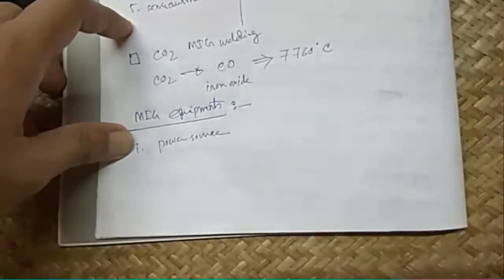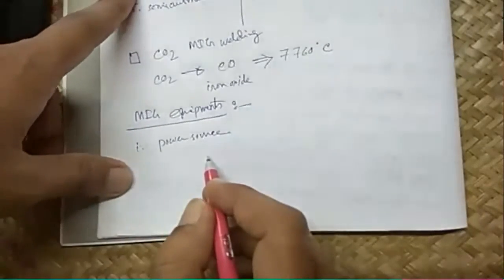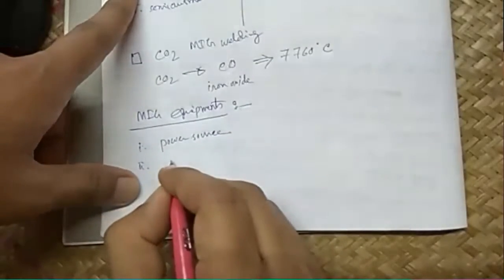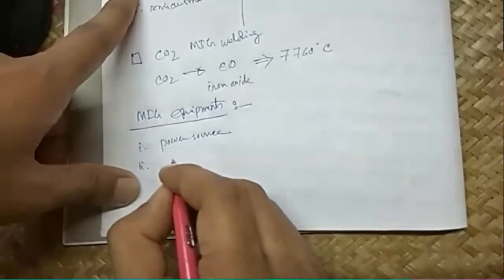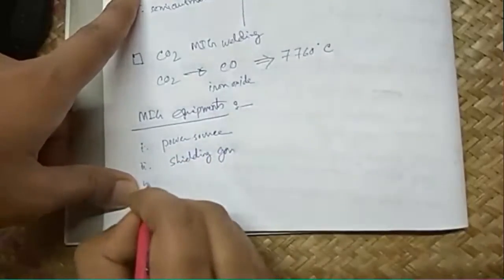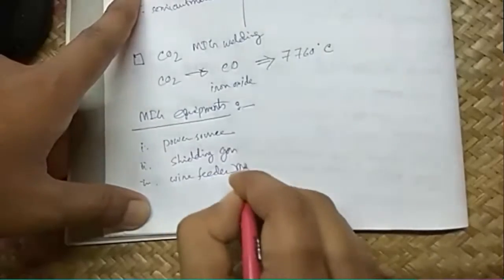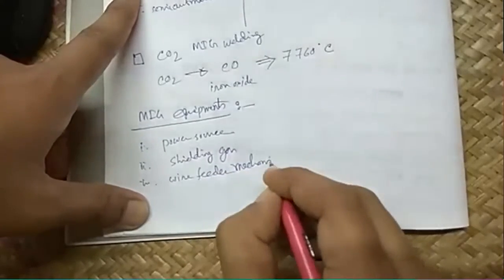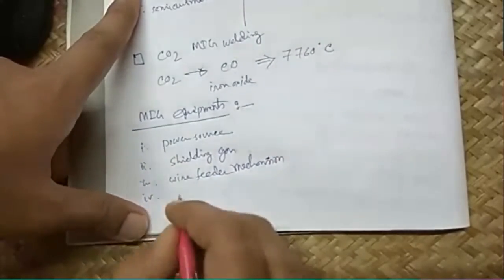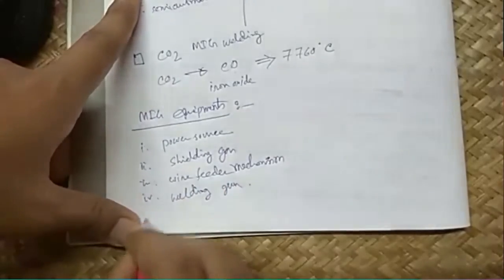Okay, so number 1, MIG equipment is power source. Number 2 is shielding gas. Number 3, wire feeder mechanism. Number 4, welding gun.